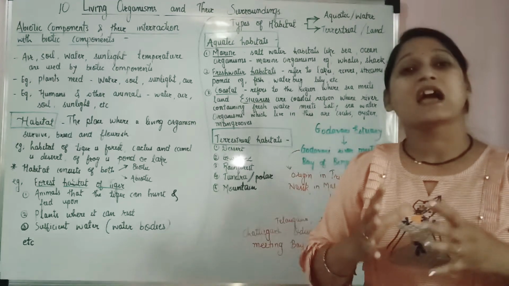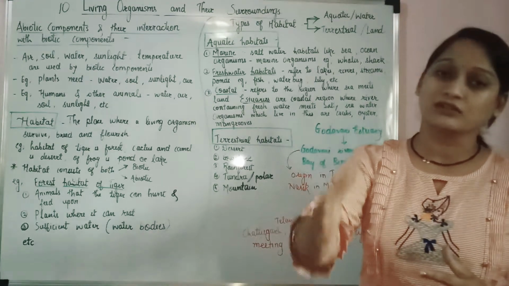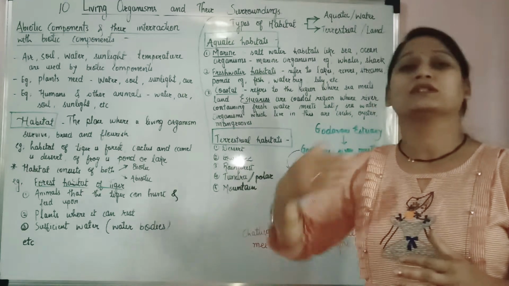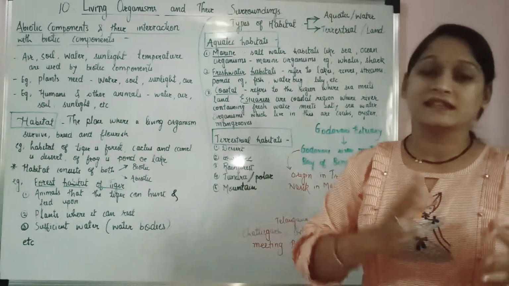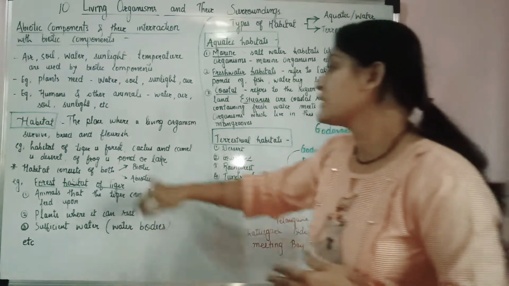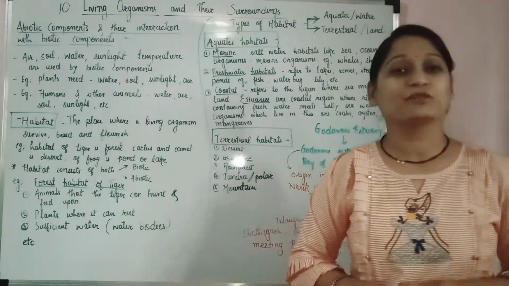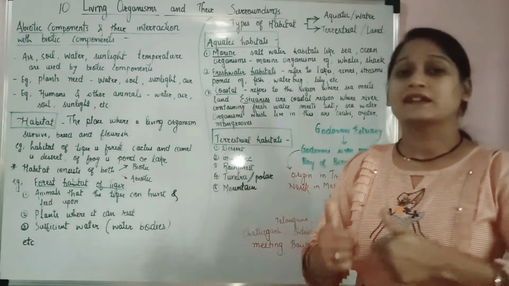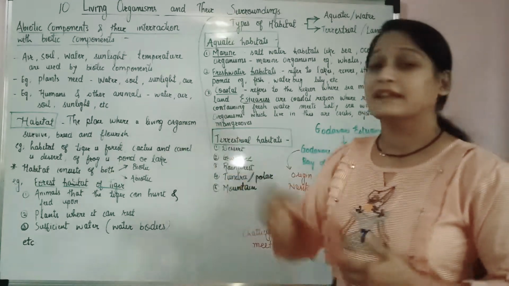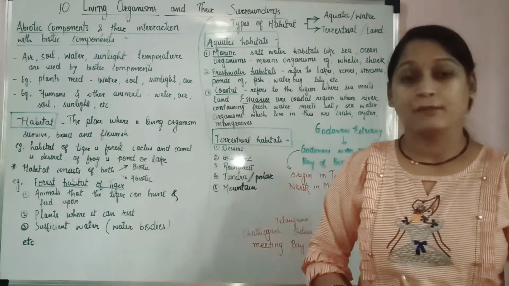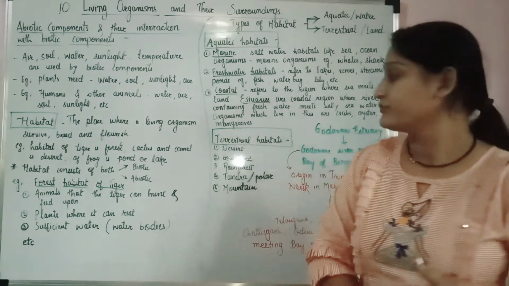Frog is an amphibian animal. It can stay both on land as well as in water. But basically, the habitat in which they stay is a pond or a lake. So these are the habitats of different animals. Tiger's habitat is the forest. Frog's habitat is a lake or a pond. The cactus and the camel have a habitat that is the desert area.